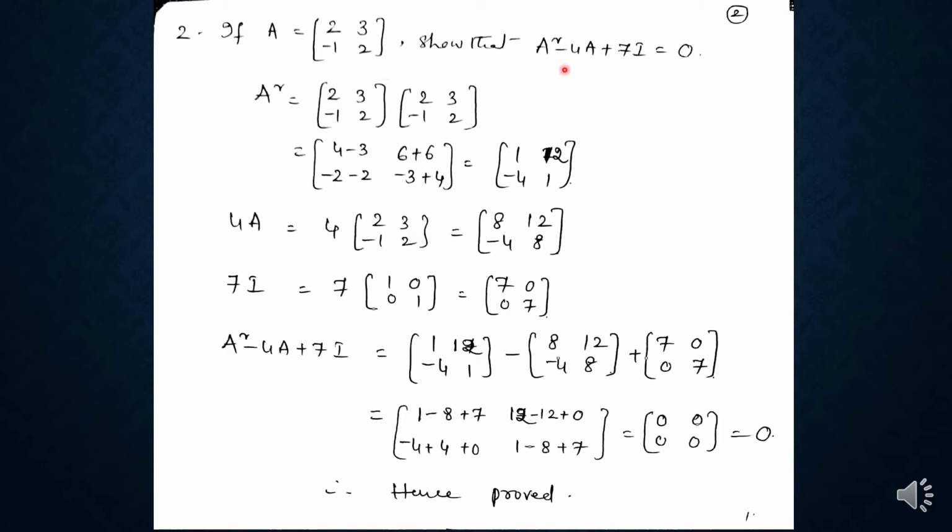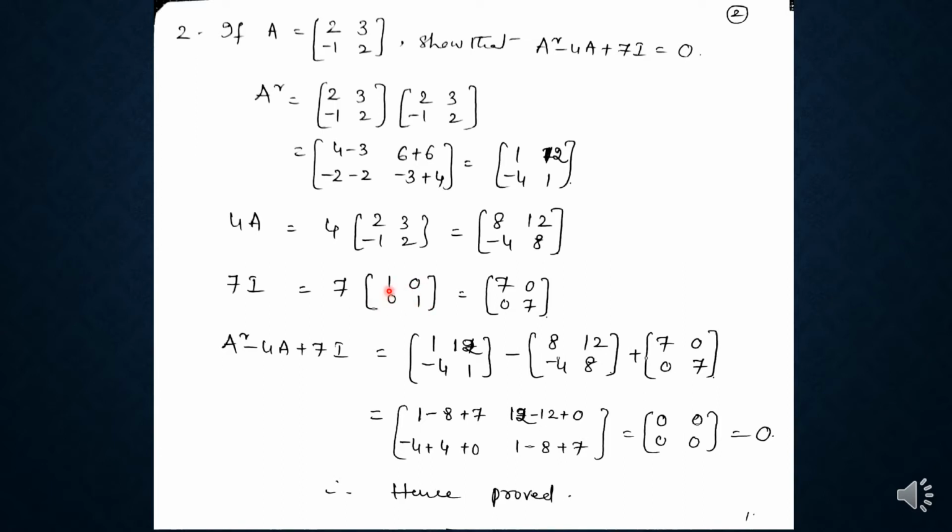Now what is 7I? I means unit matrix. What is the unit matrix? In a square matrix, if all the elements are zeros except in the principal diagonal, and the principal diagonal elements are equal to unity. So here 7I is equal to 7 into, we have the second order matrix, that is a 2 by 2 matrix. That's why we are taking the unit matrix I2, that is [[1, 0], [0, 1]].